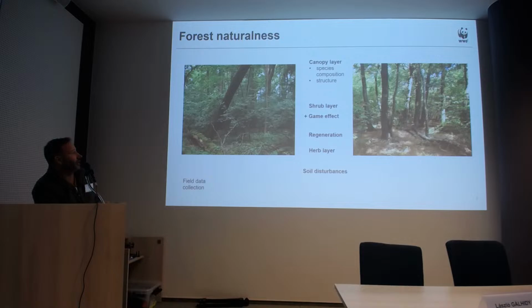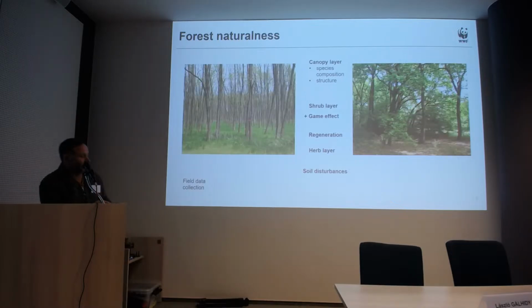We can also check the shrub layer and the game effect. We can check the game effect mainly on the shrub layer, how the leaves and twigs are destroyed, and of course the tree generation and the herb layer. We can also check the soil disturbances, and a lot of indicators can be put to these main variables and thresholds as well.